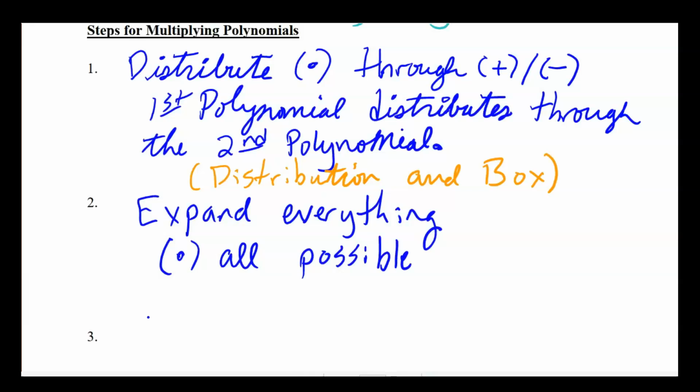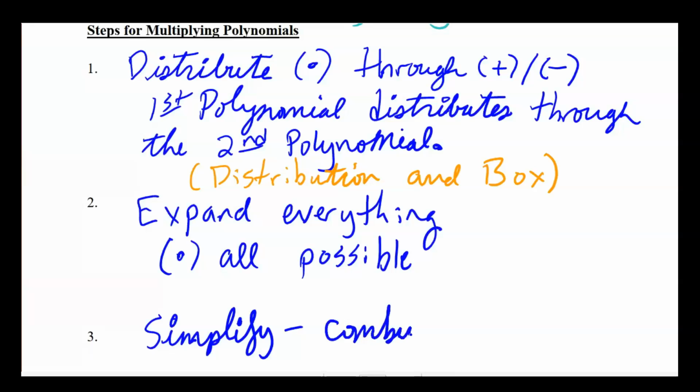And then third, you want to simplify, which basically means combine your like terms.